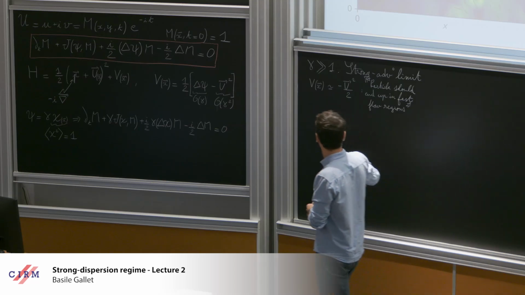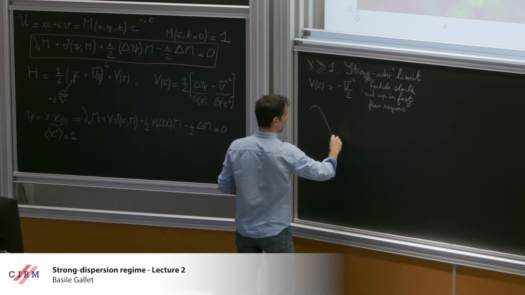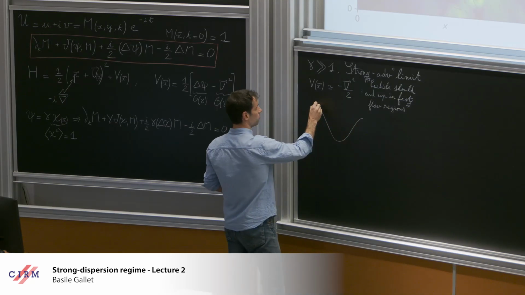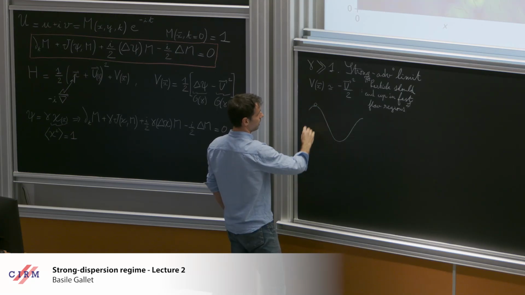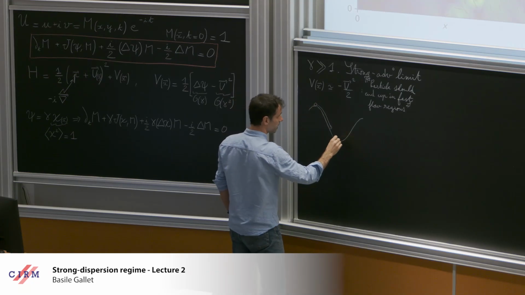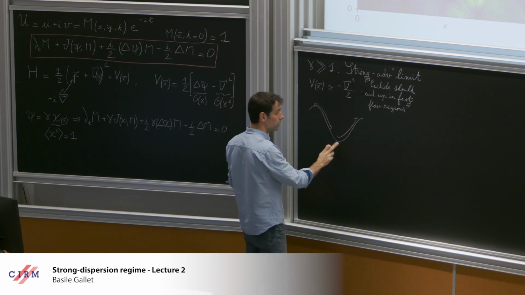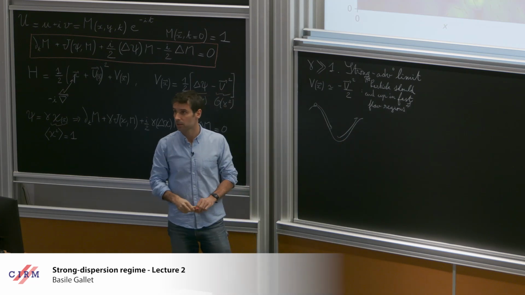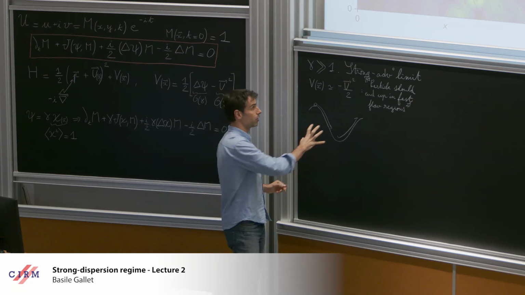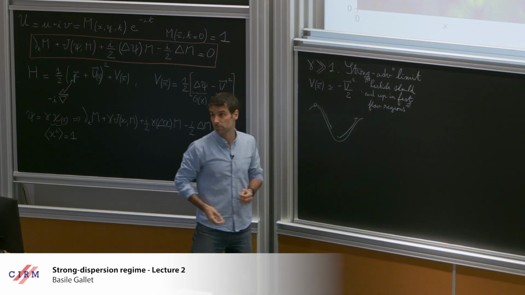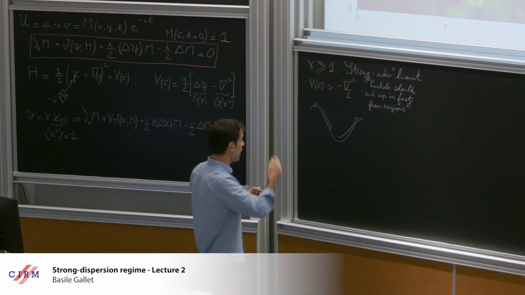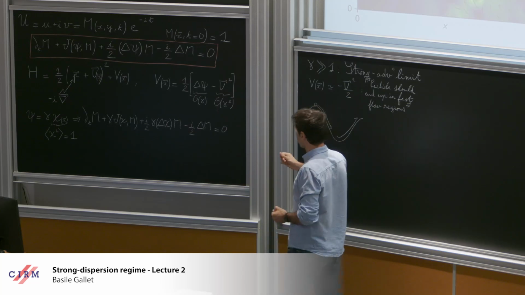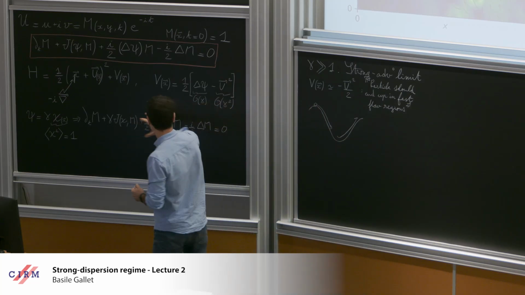If you have a particle on top of a potential hill and there's a well, and the particle has very small initial velocity, it's going to fall inside the well, yes, but it's going to come back up, and in fact, it's going to spend very little time in the well. Okay, so it's not obvious at all that accumulation of particles should be in the minima of the potential on time average.